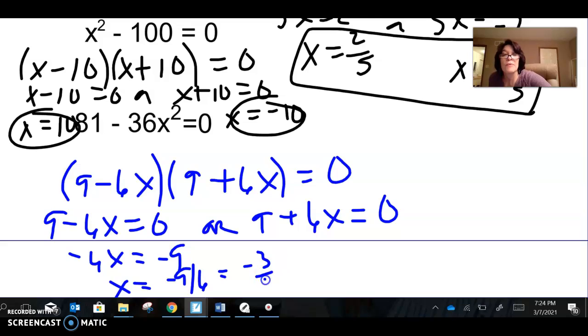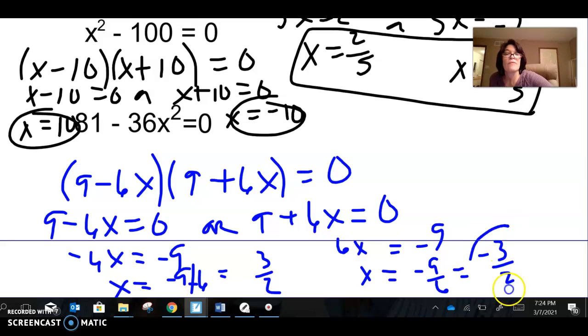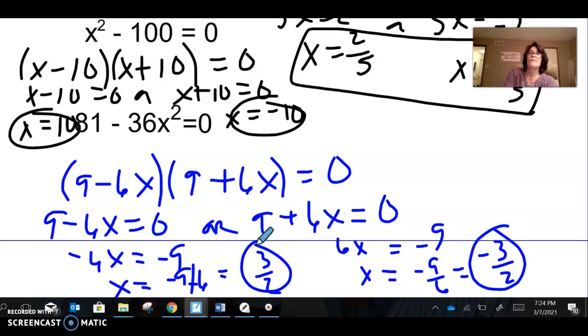Here it was negative 9 divided by negative 6, which is a positive 3/2. In this case, I have 6x equals negative 9. X equals negative 9 over 6, which reduces to negative 3/2. So it's 3/2 and negative 3/2.